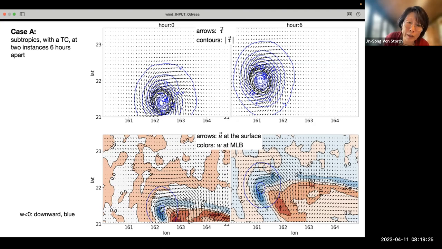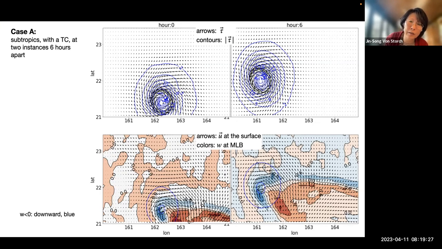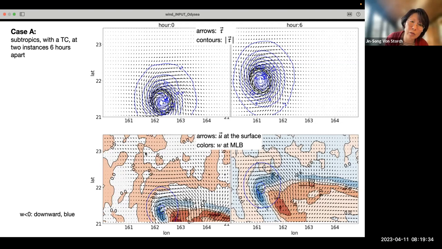What we can see is that the surface current is actually stronger on the north and east side of the tropical cyclone, on the side where the cyclone moves. The rotation of the cyclone is in the same direction as the movement of the cyclone. On the other side, the current is weaker.